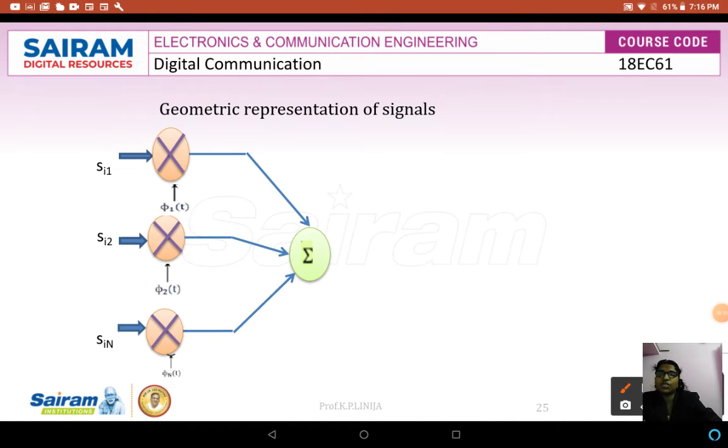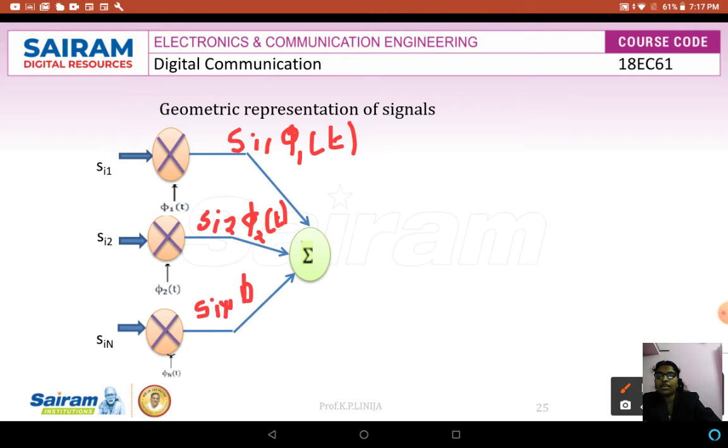The first multiplier gives the output Si1 into phi1 of t. In the same way, the output of the second multiplier will be Si2 into phi2 of t, and then Sin into phi n of t. Now all these are given to the summer.